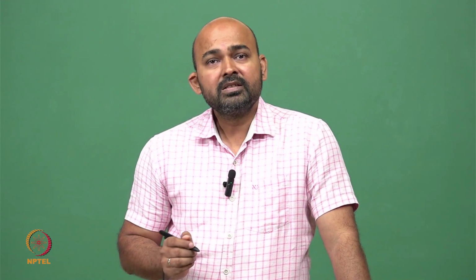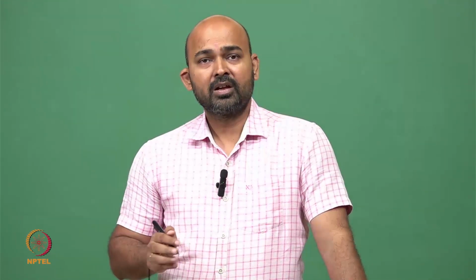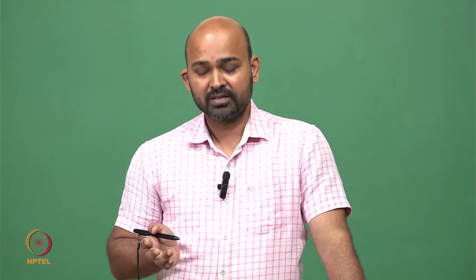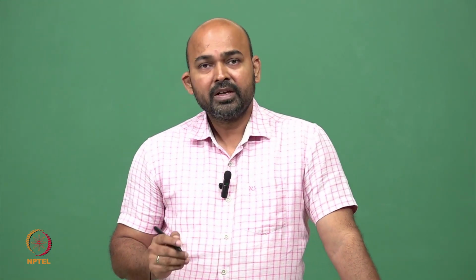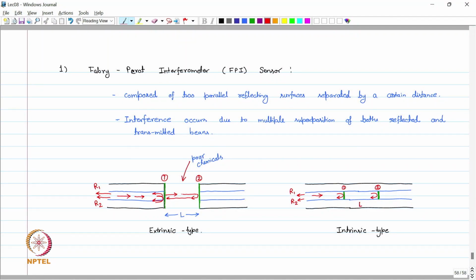The other is the intrinsic type, where we are not cutting the optical fiber, and this can also be used as a temperature sensor. For example, when the temperature increases, this length L, which is a fixed number we know very precisely because we laser scribed it, changes.